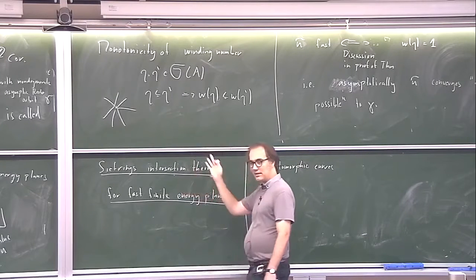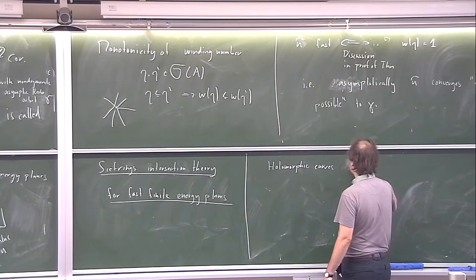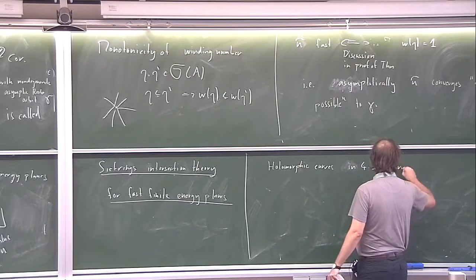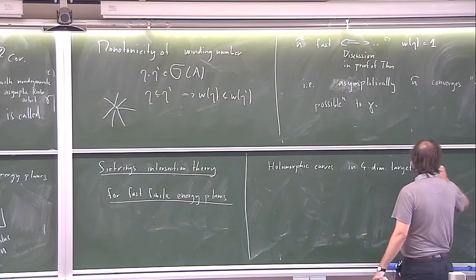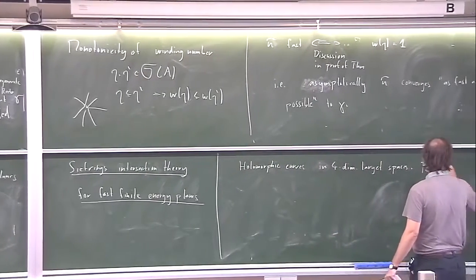They intersect in isolated points, and they have positivity of intersection.